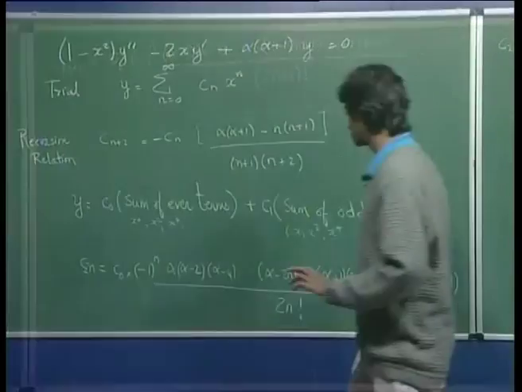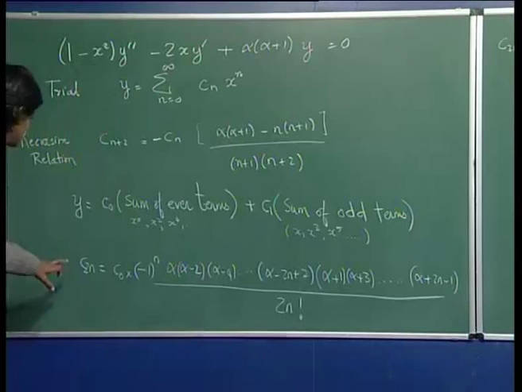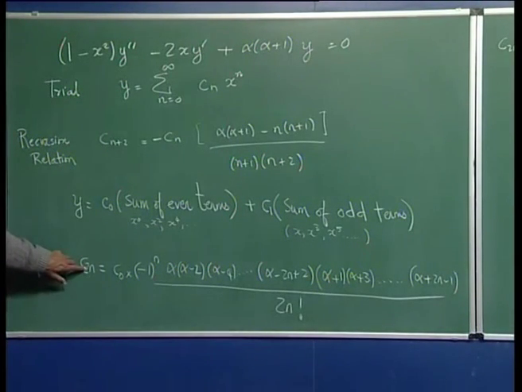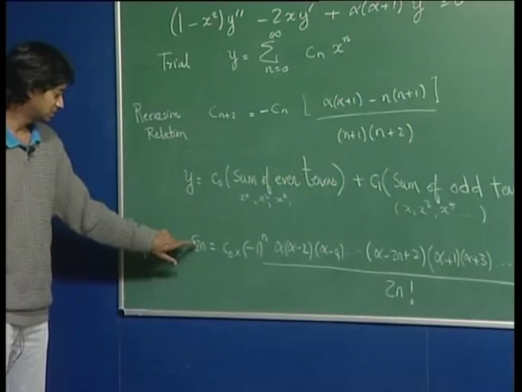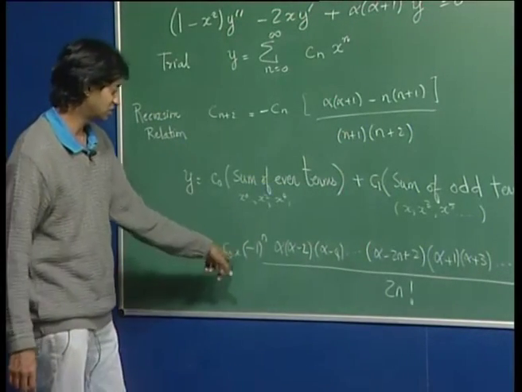Suppose you want to find the coefficient of x raised to 10, that will be C10. C10 means you put n equal to 5. So, you put n equal to 5 and you can find the coefficient.